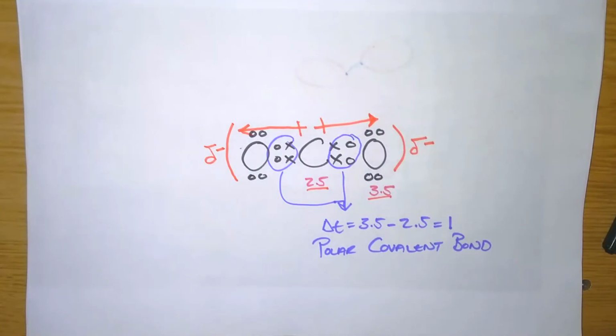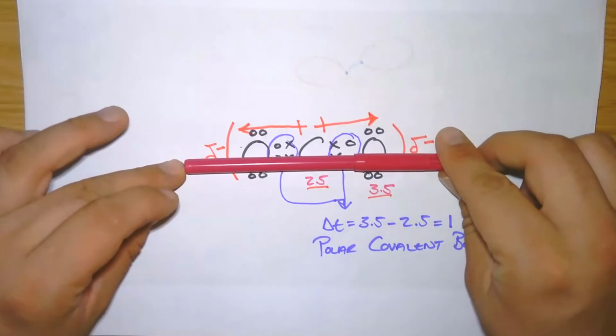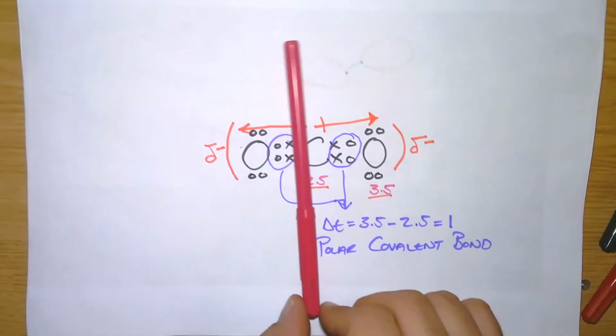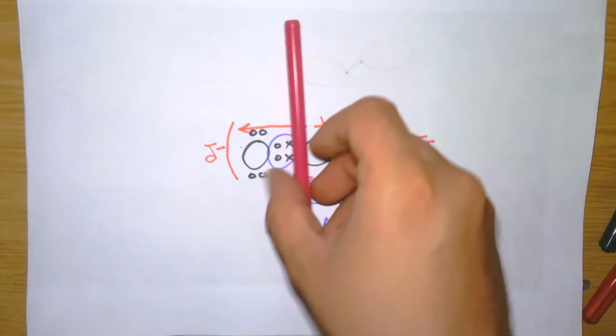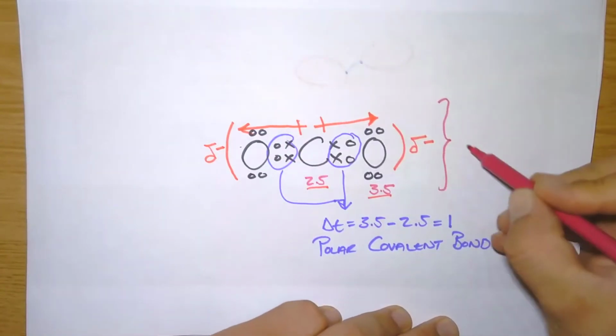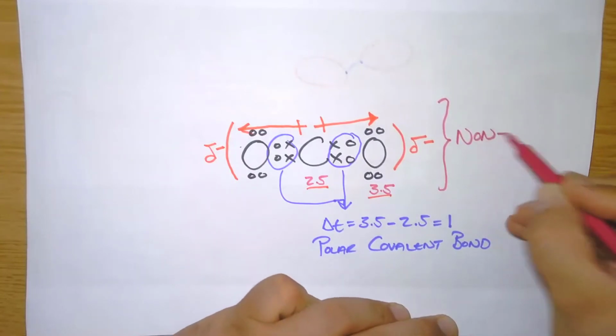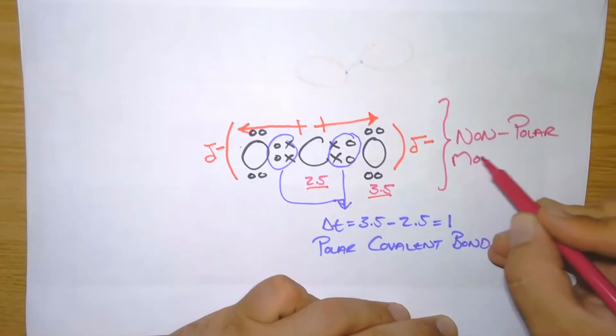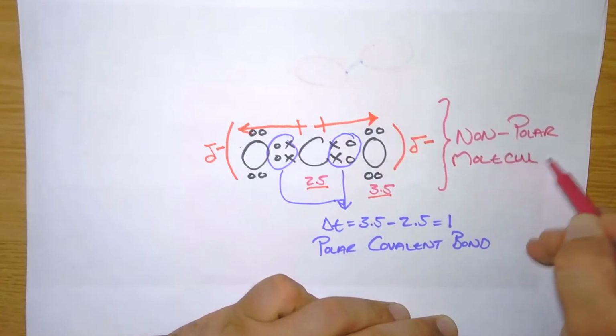Now the reason this is important is because there is no way we can draw a line through this molecule to find a definite opposite positive and negative side, and that means we say that this is a non-polar molecule.